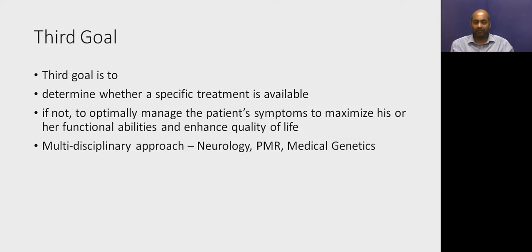So if we are not able to offer a specific treatment, then we have to strive to optimally manage the patient's symptoms so as to maximize his or her functional abilities and enhance the quality of life. This will require a multidisciplinary approach. We have a neuromuscular clinic here with a multidisciplinary team from neurology, PMR, and genetics.